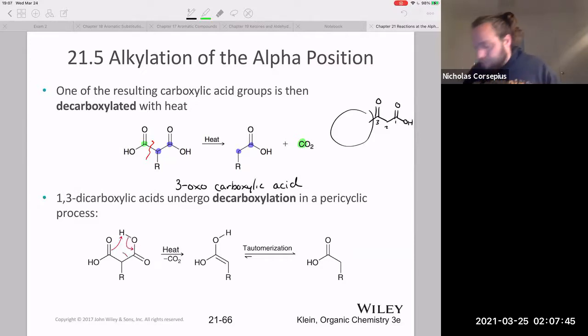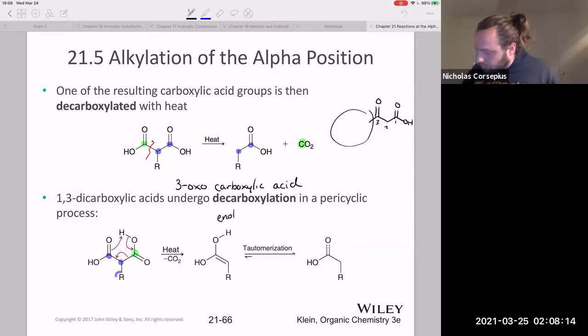And that kind of does this sort of pericyclic type reaction where that pair of electrons comes down, but carbon can't have more than 4 bonds, so kicks that over as well, right? So this is this pericyclic type reaction that kicks off CO2. And this is, again, the carbon that's part of the CO2. And these are the 2 carbons that are going to remain attached to that R group.